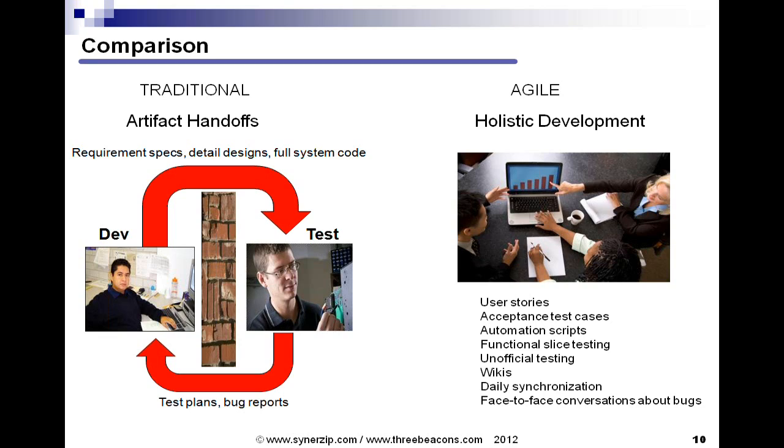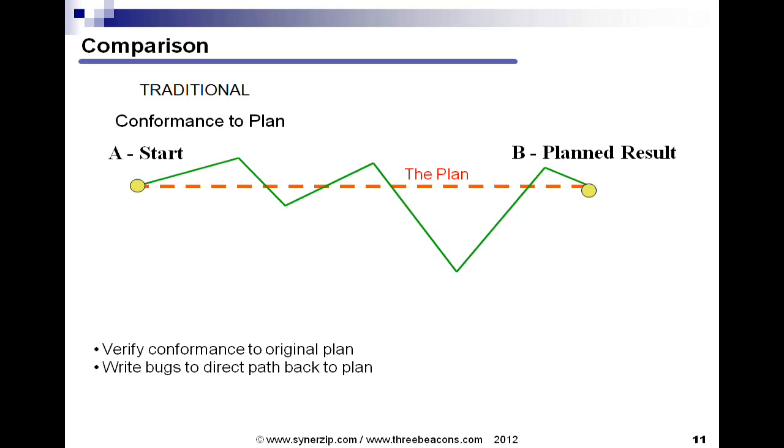We do the functional slice testing, even unofficial testing, development of wikis and communication and collaboration across that, daily synchronization where the QA person definitely participates, and then face-to-face conversations about bugs instead of some sterile tool like Bugzilla or ClearDDTS or some other way of communicating bugs. So developers with design, coding and QA expertise participate holistically together at the same time.